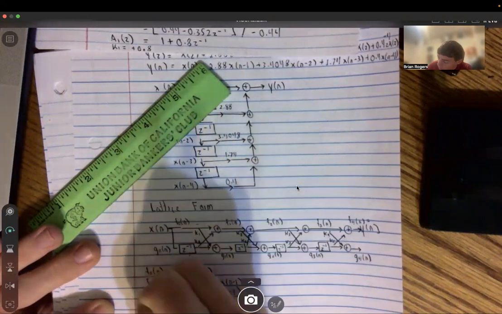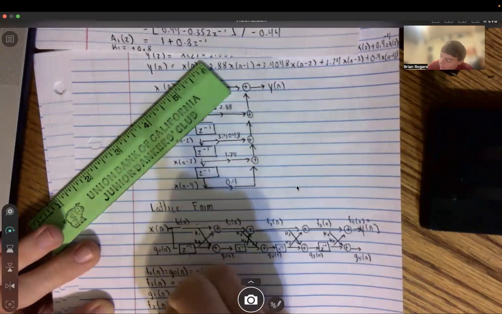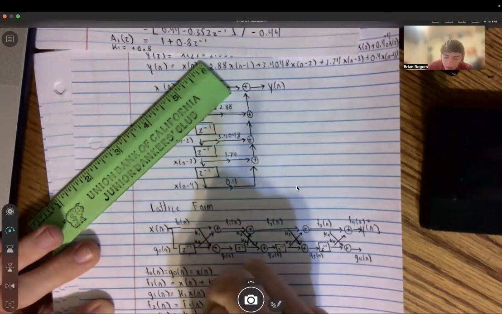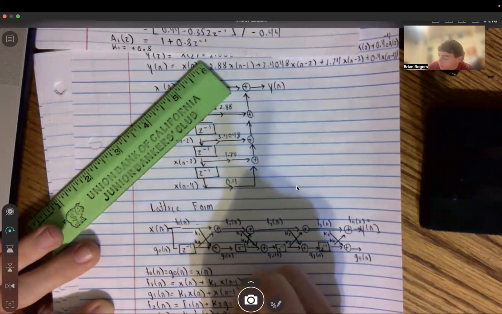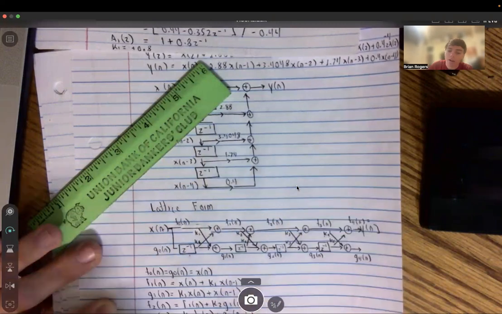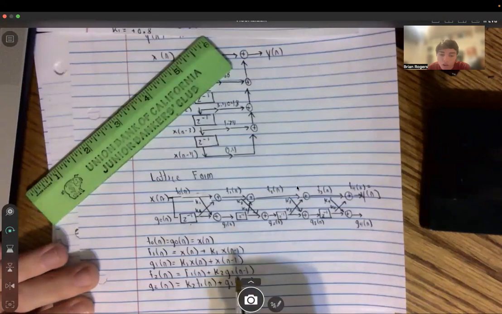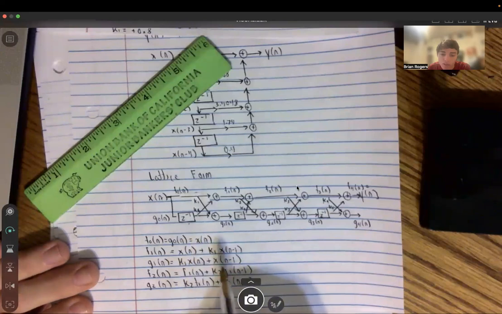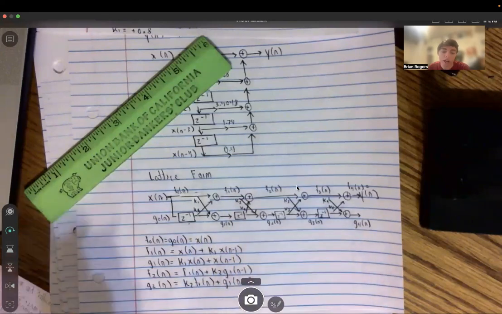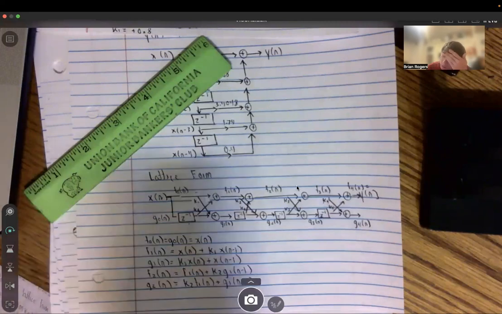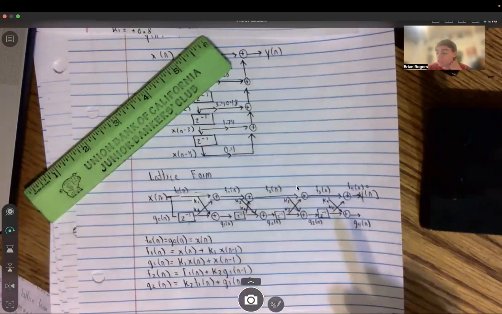Then you get your g2 of n, which is equal to k2 f1 of n plus g1 of n minus 1. And you can keep going along and calculate all these, and then you would substitute back in for the g1 here. So you could get it all written in terms of your x and then your y at the very output. So that's a way you could find it in order to determine your f4 of n. This is just the lattice structure to be familiar with because it's another way of drawing it out.